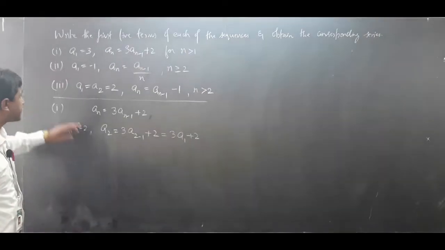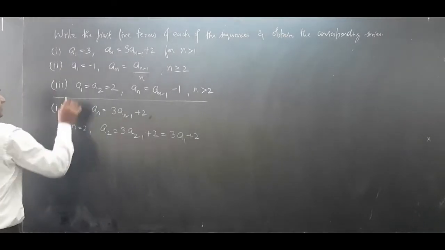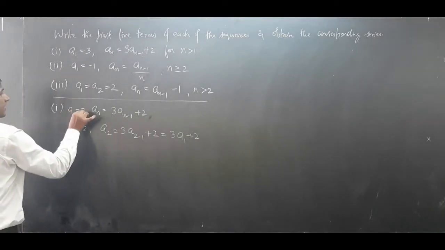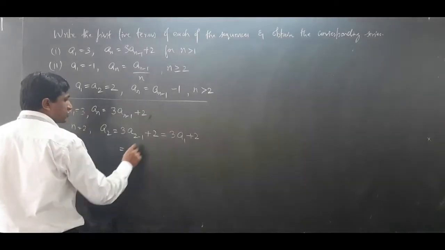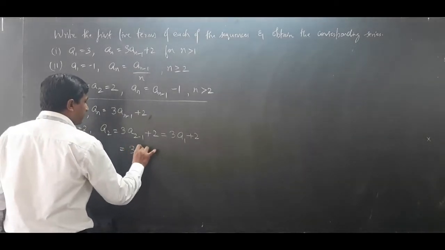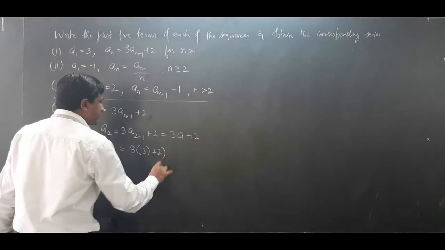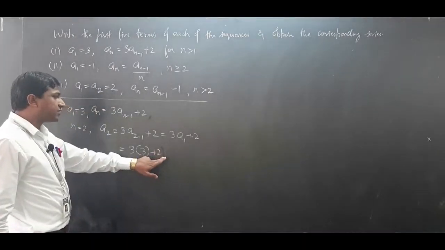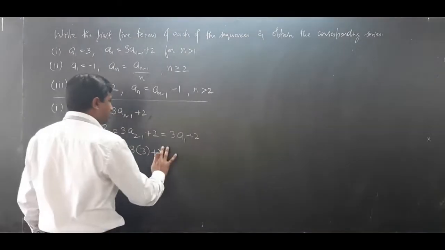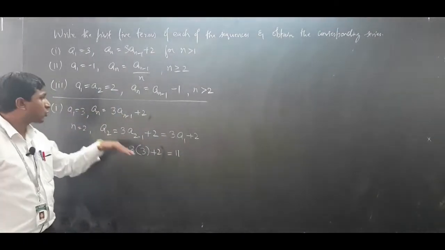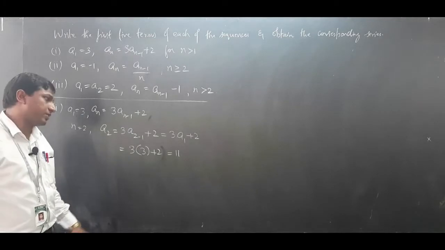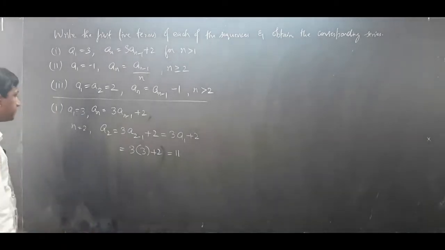But what is the first term? The first term is given to be 3. So I substitute there: 3 into 3 plus 2. 3 into 3 is 9, 9 plus 2 is 11. So the second term of this particular sequence is 11.